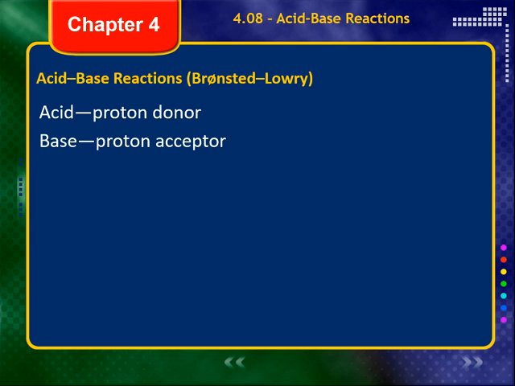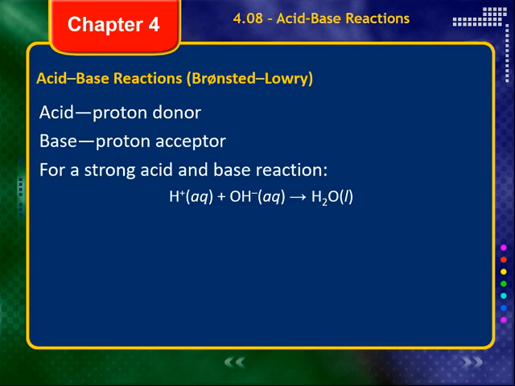According to the Bronsted-Lowry definition, an acid is something that donates a proton, basically an H+, right? That's just one proton. A base is something that accepts that proton. Something that has a minus charge and is going to be strongly attracted to that H+. For a strong acid and base reaction, we look at something like H+ and OH-.